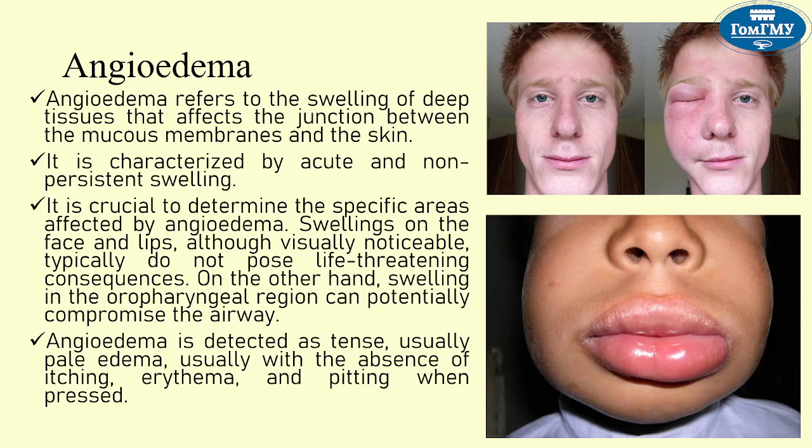Swellings on the face and lips, while visually noticeable, typically do not pose life-threatening consequences. On the other hand, swelling in the oropharyngeal region can potentially compromise the airway. Angioedema presents as tense, usually pale edema, usually with the absence of itching and erythema, and pitting when pressed.